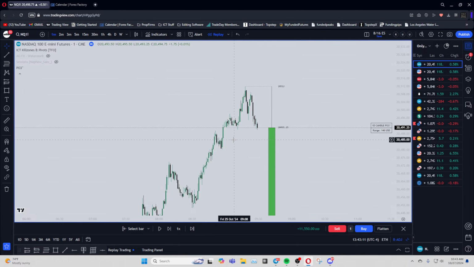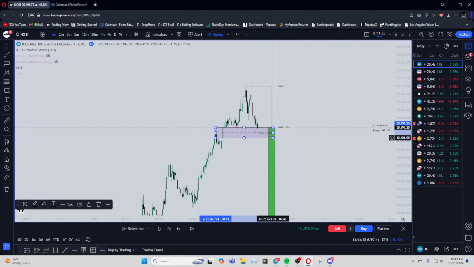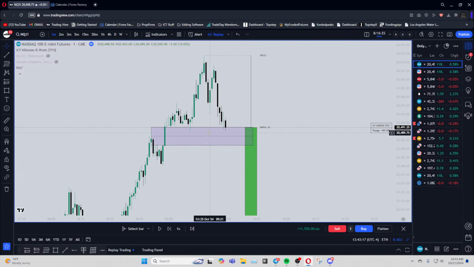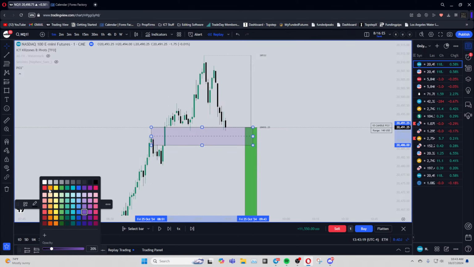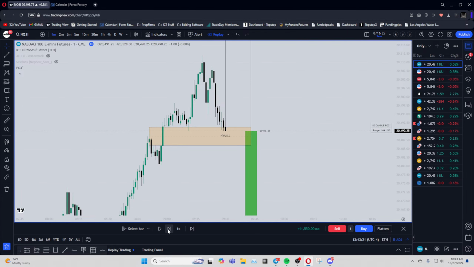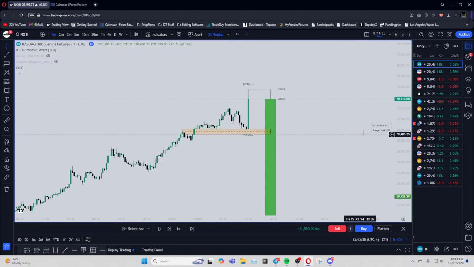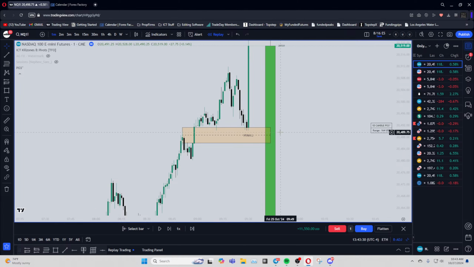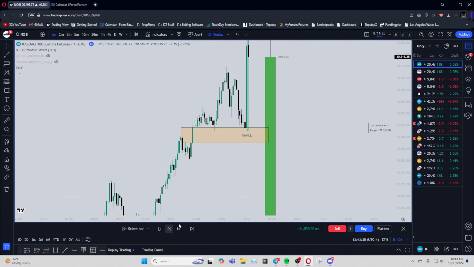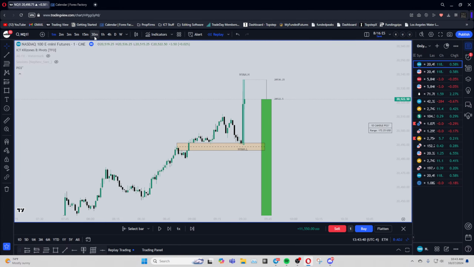We want to get in on one of these retracements. So let's see if we could get in on this fair value gap. Okay. I guess I missed it. I was kind of thinking we get some more development and then we enter, but it looks like that just opened up. So we'll just let it play out.